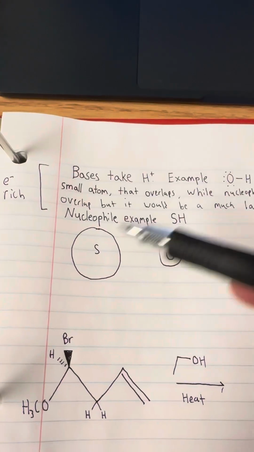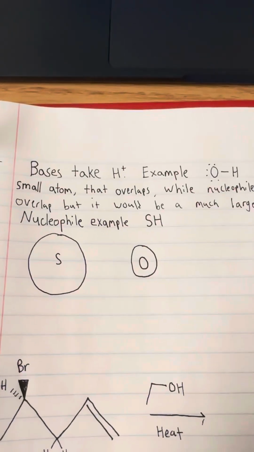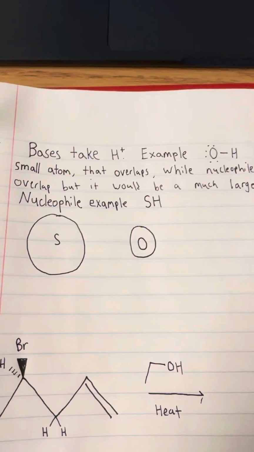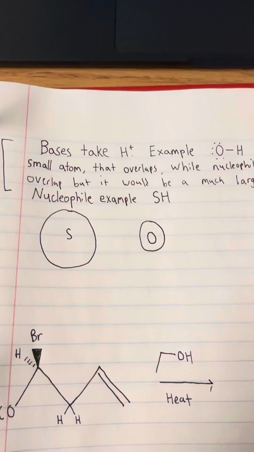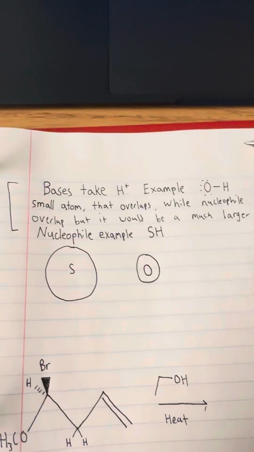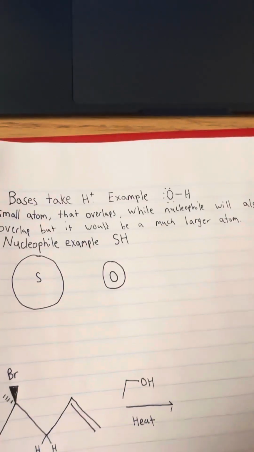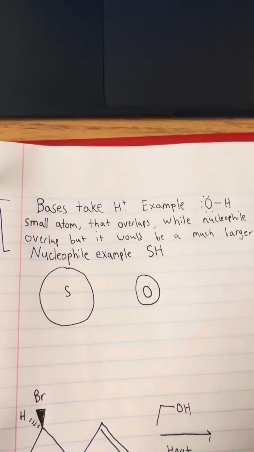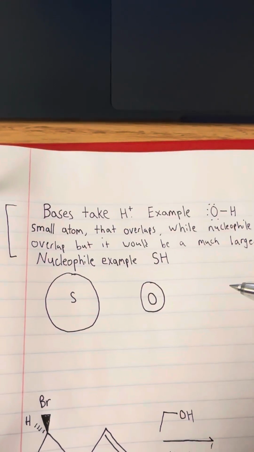We see that both nucleophiles and bases have one similarity: they're both going to be electron rich. A key difference between bases and nucleophiles is that bases are going to be a smaller atom that overlaps, while the nucleophile will be a much larger atom. An example of a nucleophile is SH-.